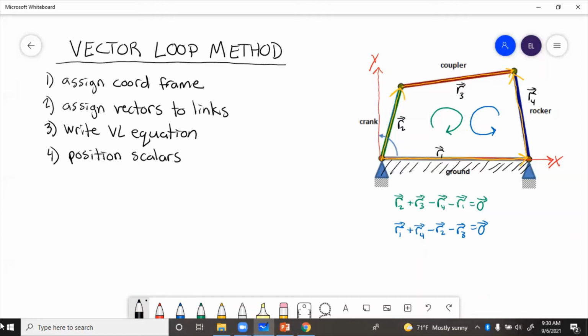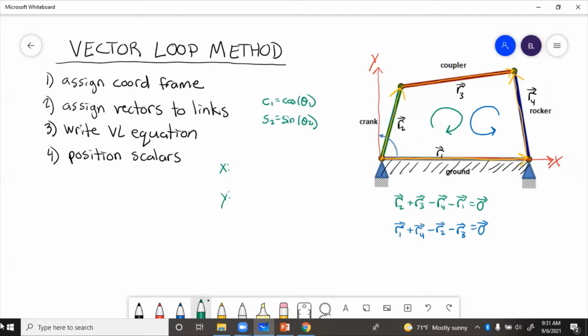The fourth step is actually to break these into position scalars. So for the vector loop equation, we'll get an X and a Y. So let's go with the green equation. For that one, in the X direction, we will have cosine components, and in the Y direction, we'll have the sine components. And we'll use this abbreviation. For example, C1 equals cosine theta 1, S2 equals sine theta 2. So you can see how that abbreviation works.